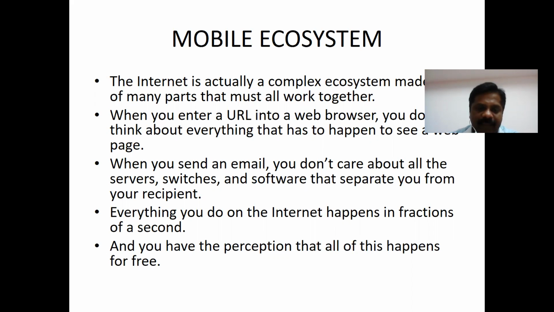When you send an email, you don't care about all the servers, switches, and software that separate you from your recipient. Everything you do on the internet happens in fractions of seconds, and you have the perception that all of this happens for free.